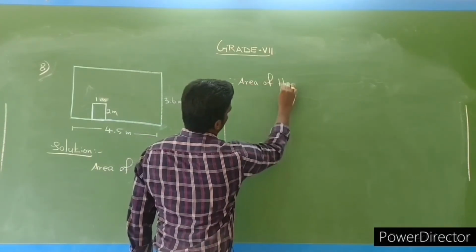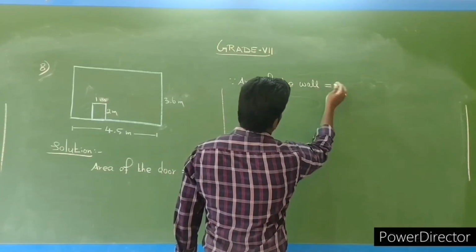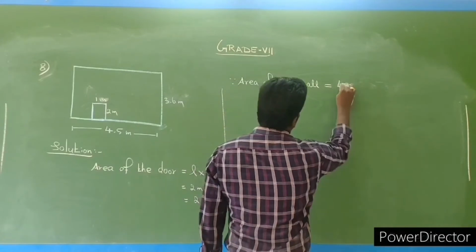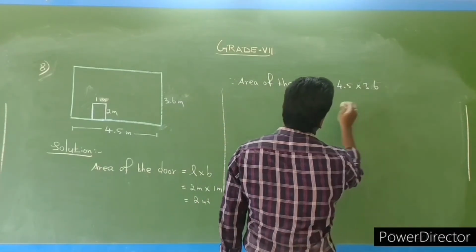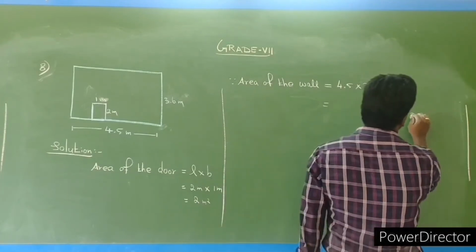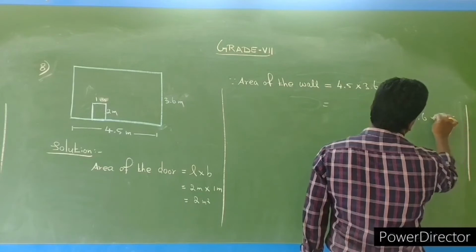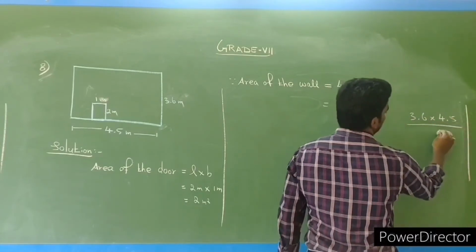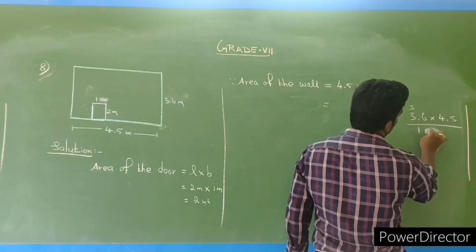Area of the wall is equal to, what is the area of the wall? 4.5 into 3.6. The value is 3.6 multiplied by 4.5. We get 6 5s are 30, remaining 3. 3 5s are 15 plus 3, what is that? 18.